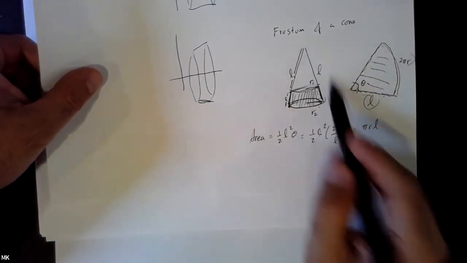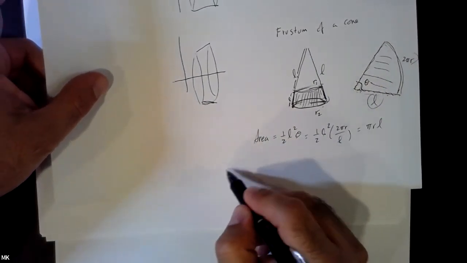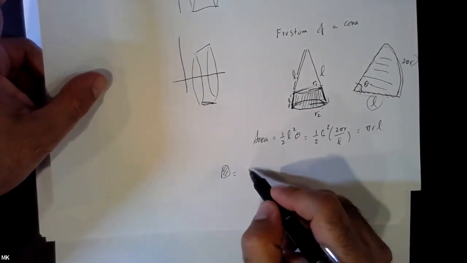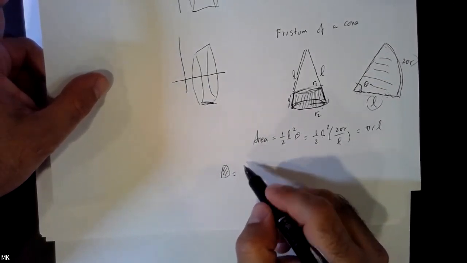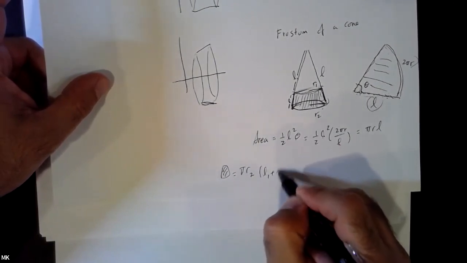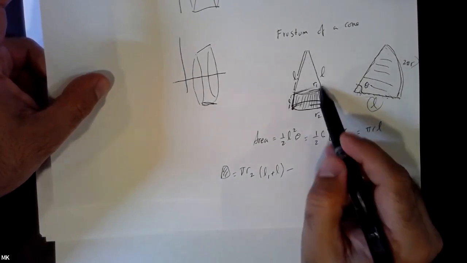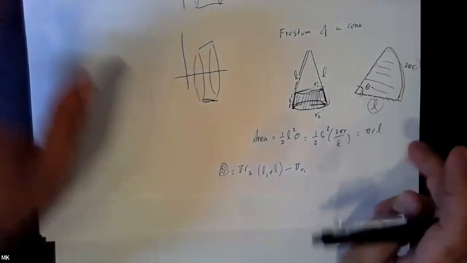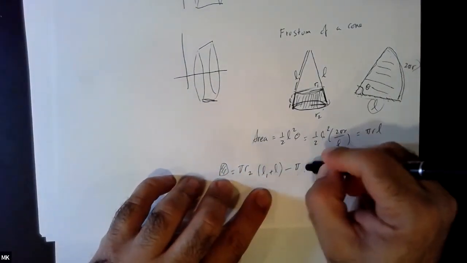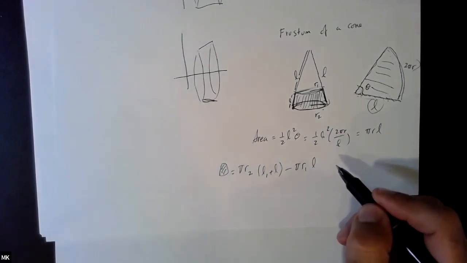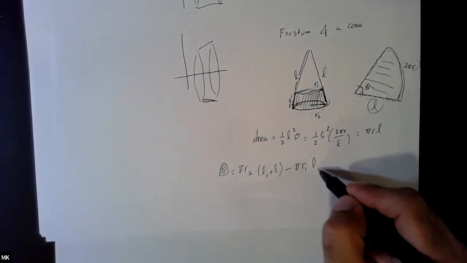So the shaded region would be the surface area of the whole thing, which is pi R2 (L1 plus L), and the surface area of the top part without the shaded part would be pi R1 L1, actually, sorry.